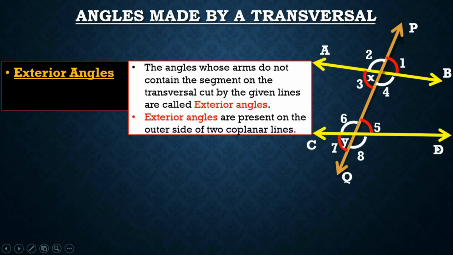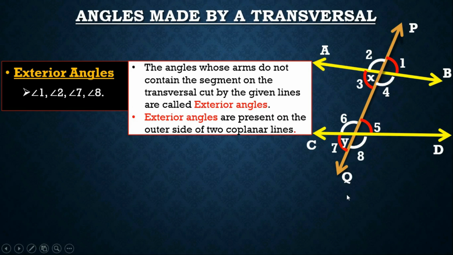So angle 1, angle 2, angle 7 and angle 8 are exterior angles. Why? Because these are the angles whose arms do not contain the line segment, and they are made up of the transversal cut by the given lines. Also, these angles are present outside the coplanar lines.